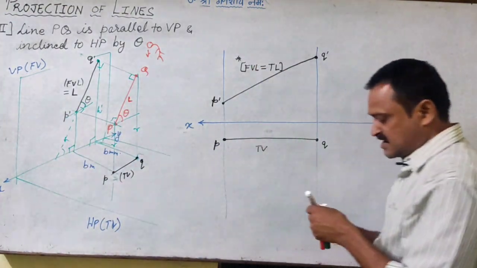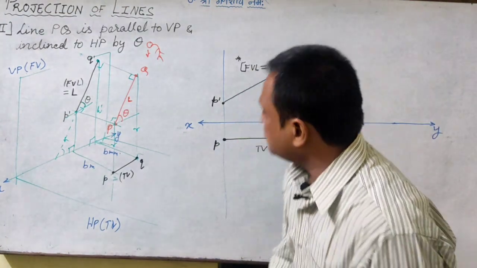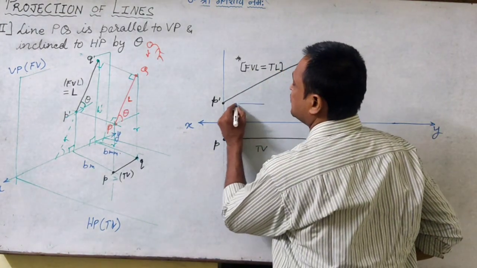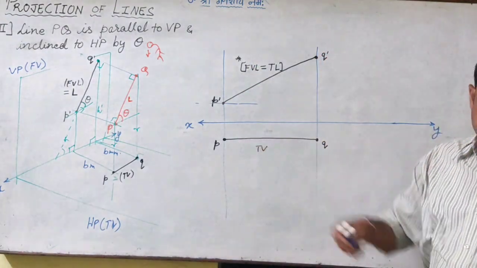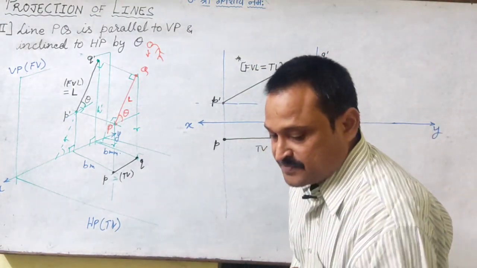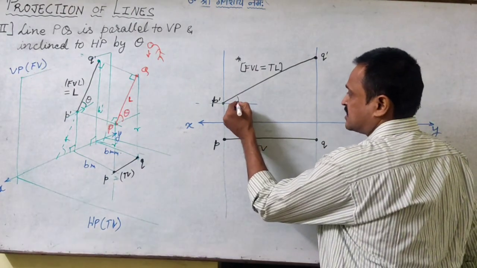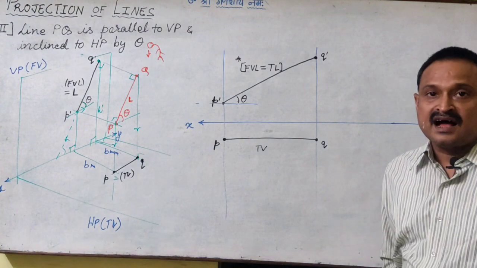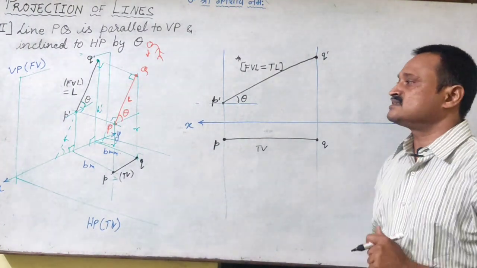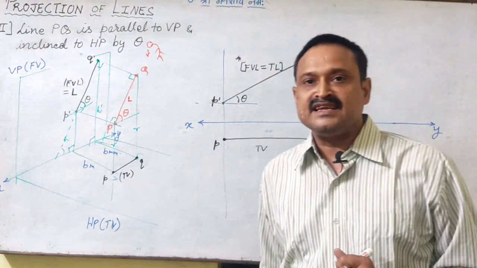So the inclination of this front view image with the reference line is also theta, and theta is called the true inclination.